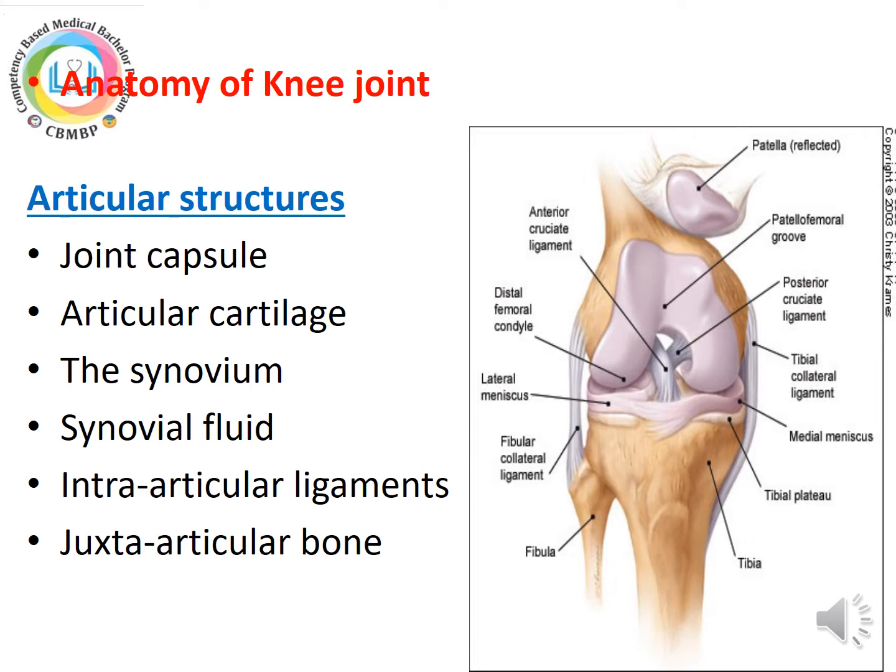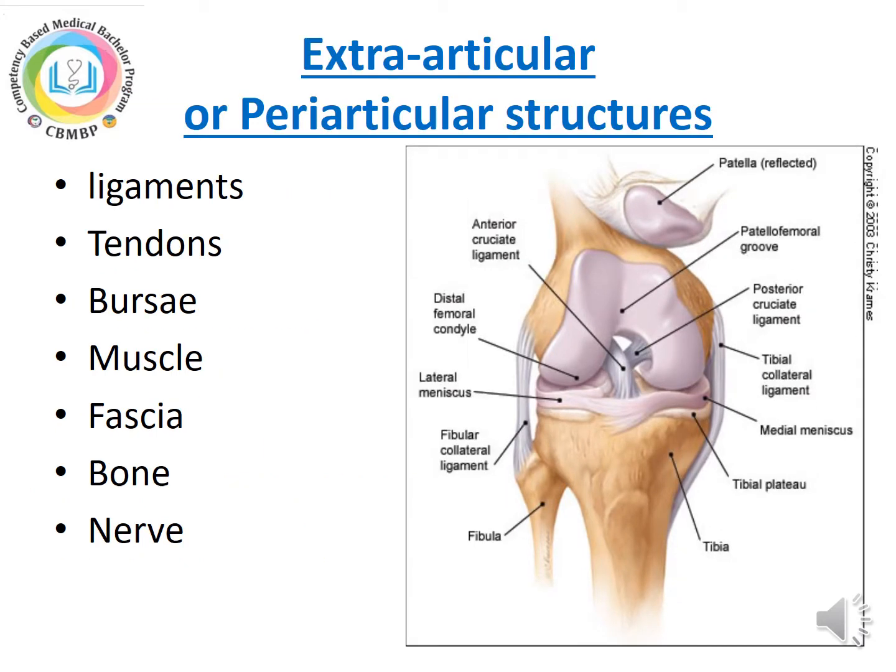The extra-articular or periarticular structures involve the ligaments, tendons, bursae, muscles, fascia, bones, and nerves.